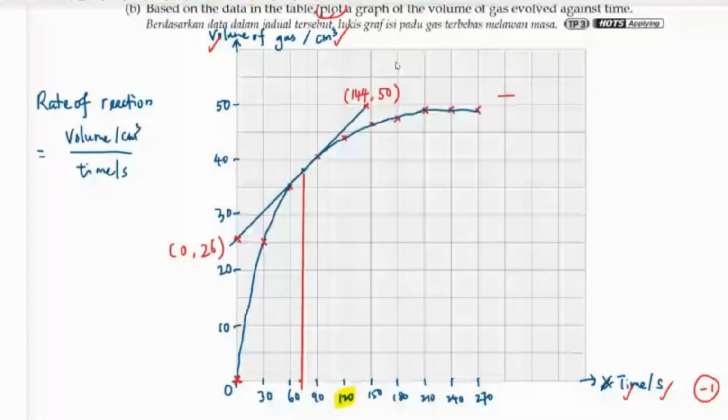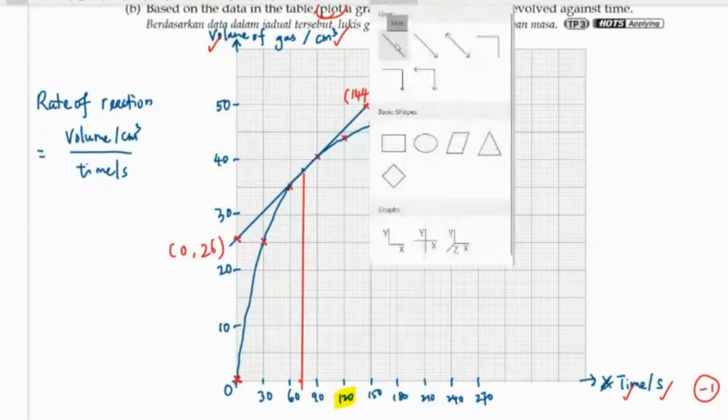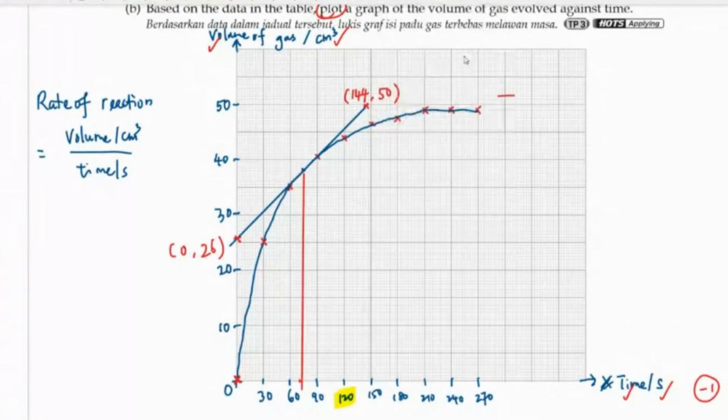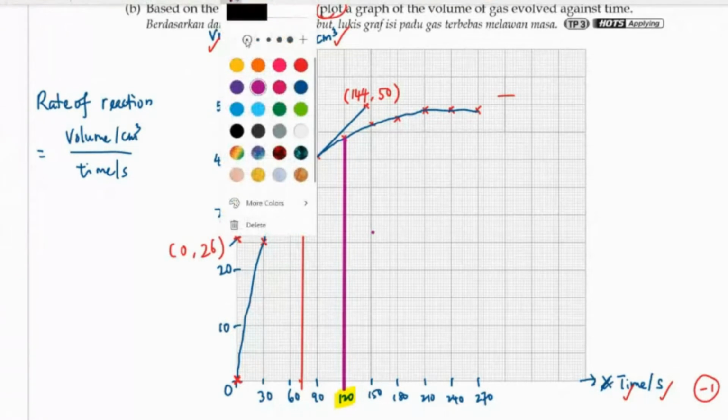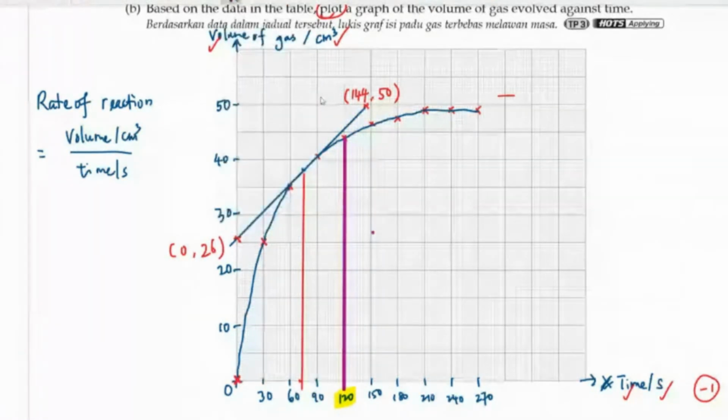I use different colors. Maybe you use different colors too. Okay, 120, here. So it's here, this point. I put it smaller, bigger. So draw a tangent.